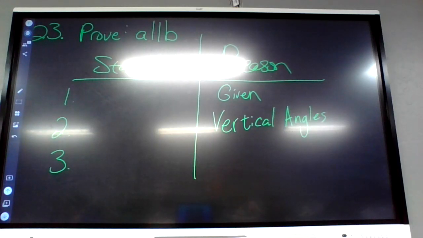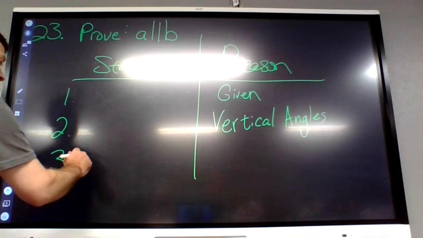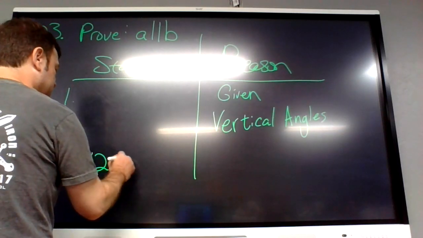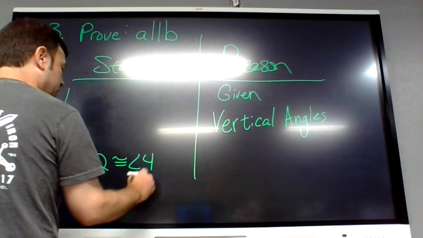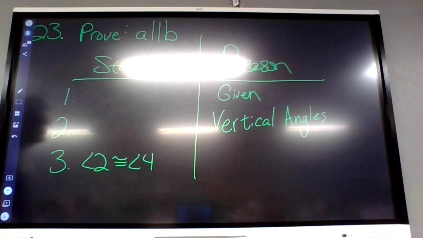Okay, so if you look at what we just wrote, 2 is congruent to 7, 7 is congruent to 4. 2 is congruent to 4? Yeah, what do we know by the transitive property? Angle 2 is congruent to angle 4, because 2 is the same as 7, 7 is the same as 4.